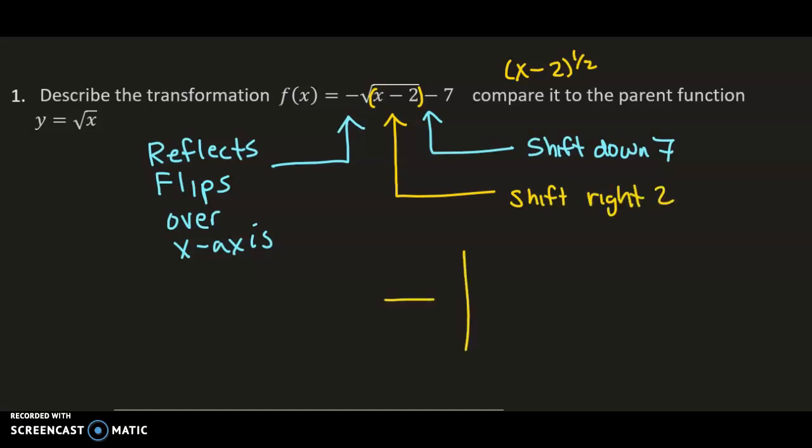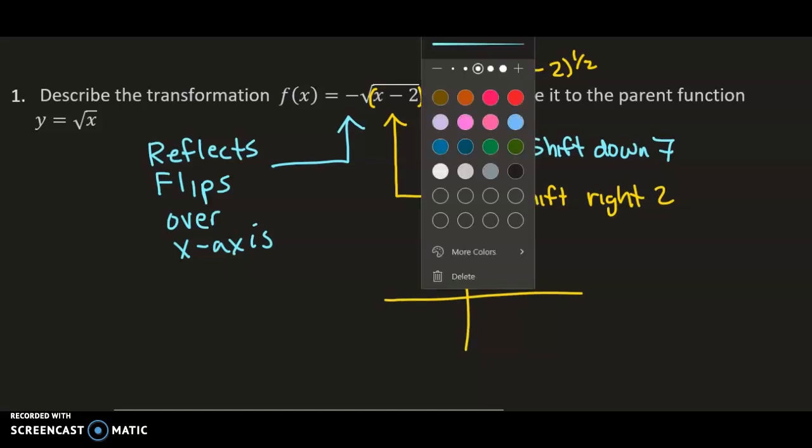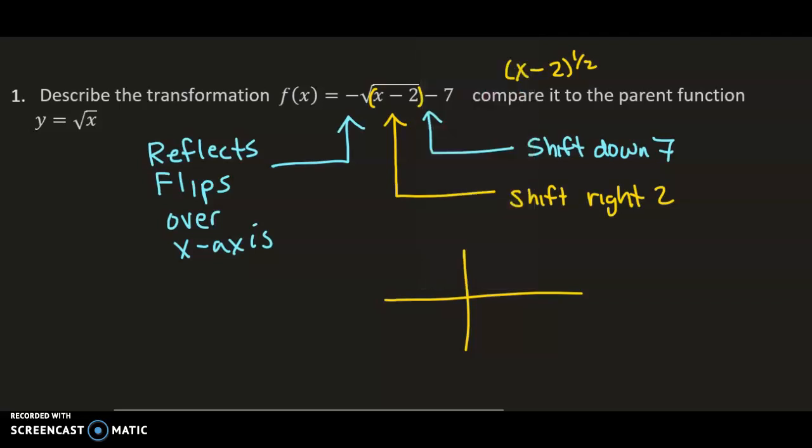So, real rough sketch here. Regular old square root does something like this. Okay. What's going to happen here is it's going to flip it. So let's do this in green. It's going to flip it over the x-axis. Okay. It's going to shift it down 7.